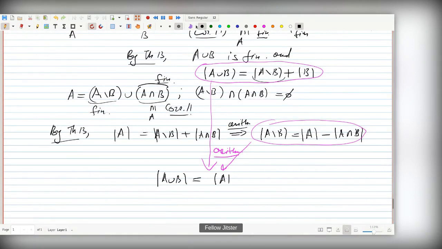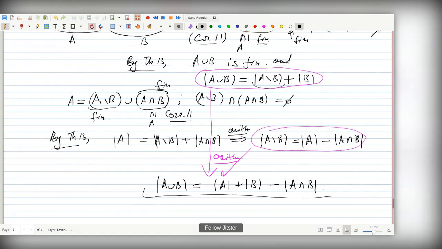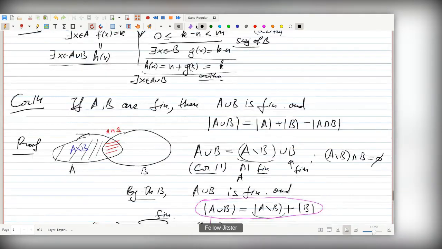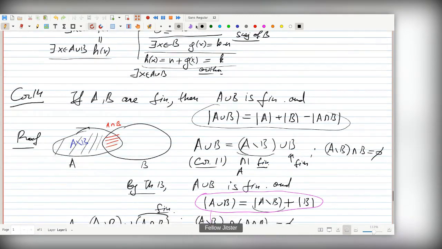So here we have cardinality of A plus cardinality of B minus, rearranging it to the end of this formula, this one. That's all. So for every two finite sets, the union is necessarily finite with this cardinality.